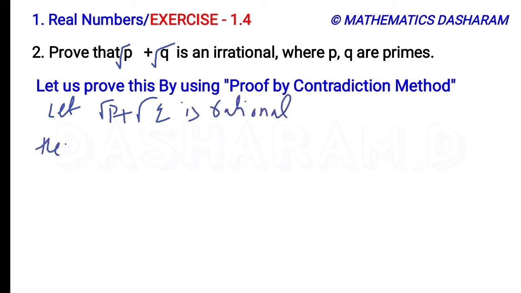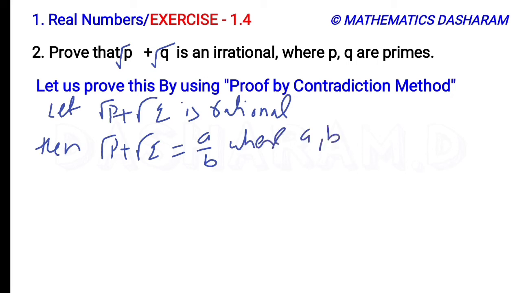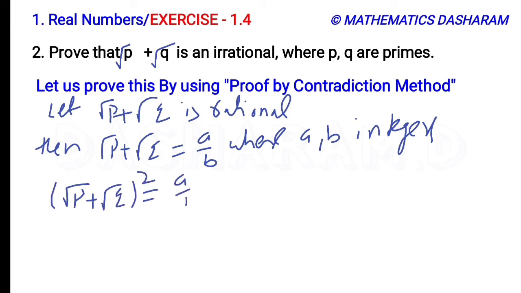Then we can equate root p plus root q to a ratio. Since p and q are already given, let's take another ratio, a by b, where a, b are integers. Now here there are two square root numbers, so do the square on both sides. Root p plus root q whole square equals a by b whole square.